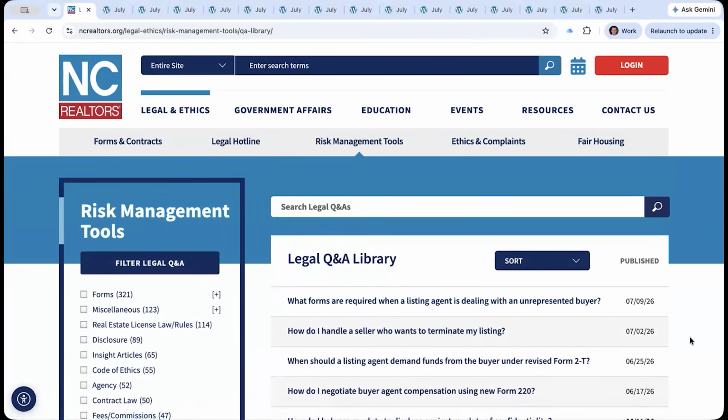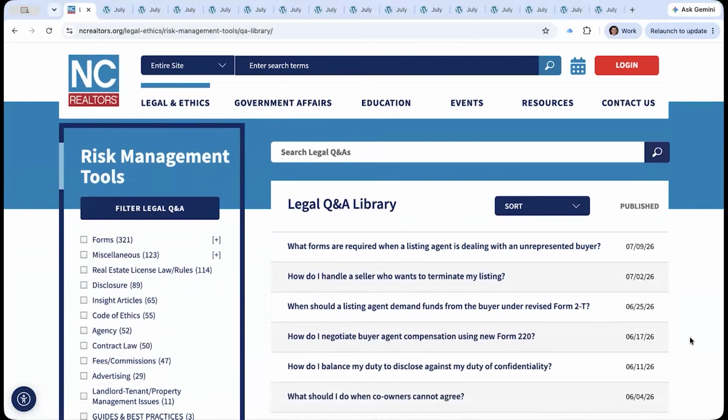And actually this is like a secret, a lot of times the Q&As are put out on the website on Friday. So if you're a BIC who needs a topic for an early Monday morning meeting or something like that, a lot of times the Q&A will already be on the website on Friday, and that way you can be prepped for your Monday meeting if you have one with your team.